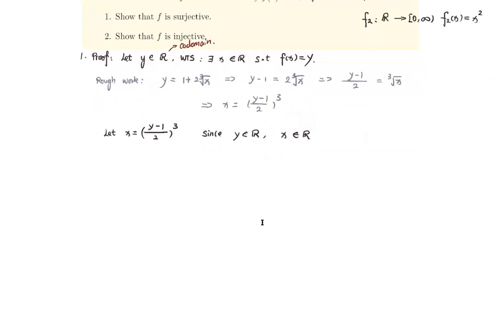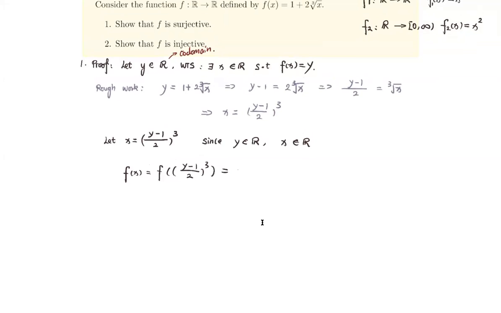That's going to give us f of x equals f of y minus 1 over 2 cubed, which equals 1 plus 2 times the cube root of this.